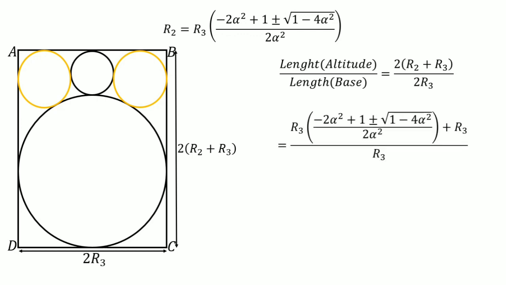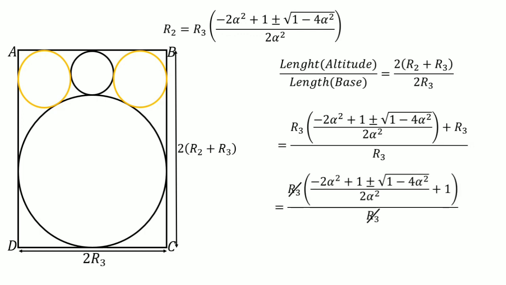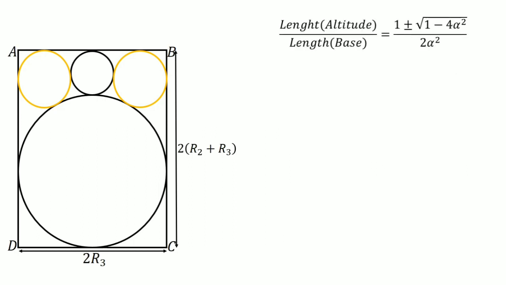Now take r3 as common, cancelling this r3 with this r3 in the numerator and taking the LCM, we get this. Now cancelling this, the final term is length of altitude by length of base is equal to 1 plus or minus under root of 1 minus 4 alpha square by 2 alpha square, and we know that alpha is equal to negative 1 plus or minus under root 2.